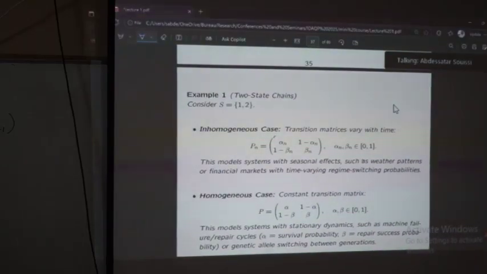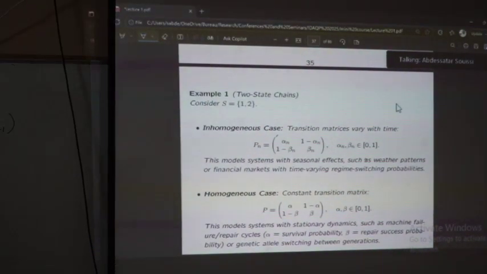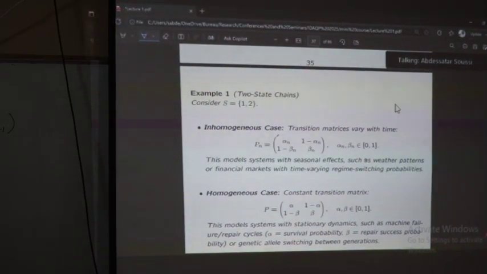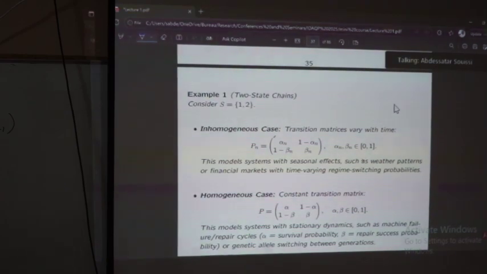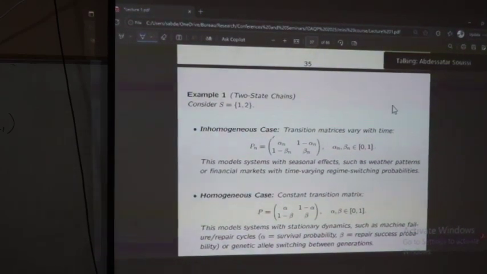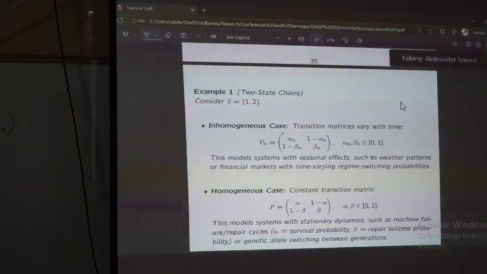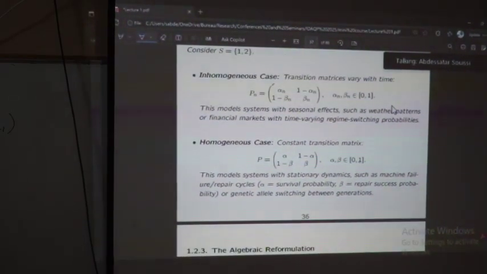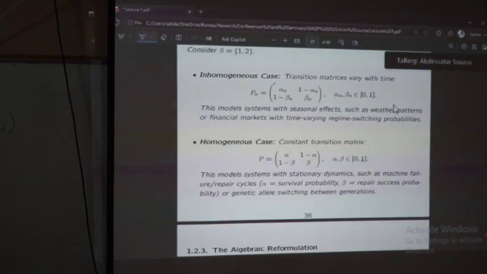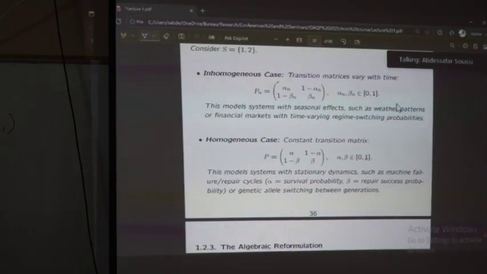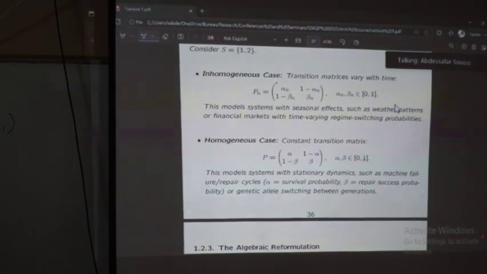Markov chains have a lot of applications in several fields, for example in particle physics, or regime switching probability models. And in the homogeneous case, we also have the transition probability independent of n.